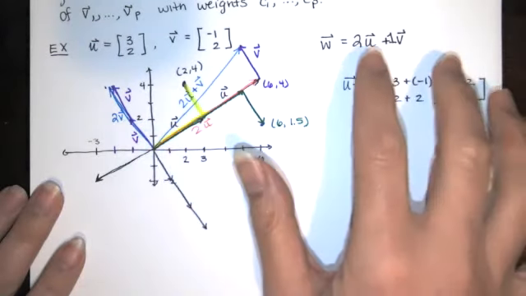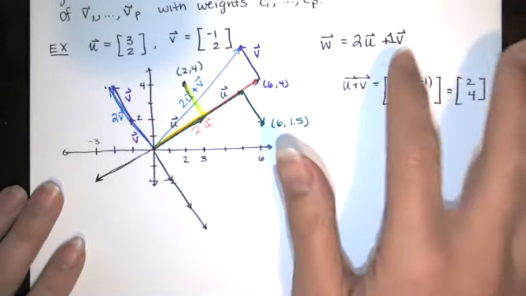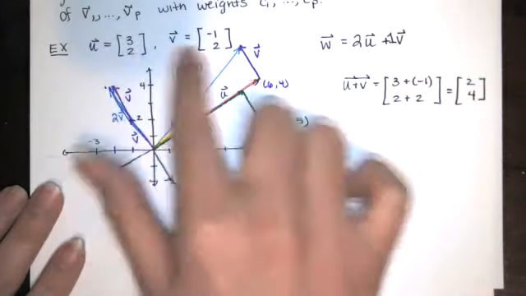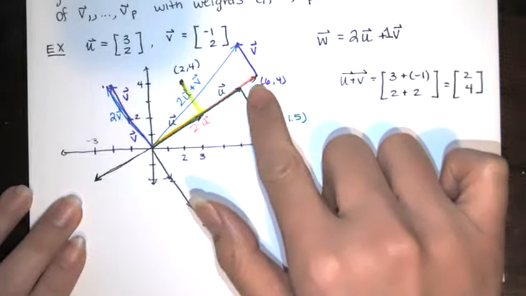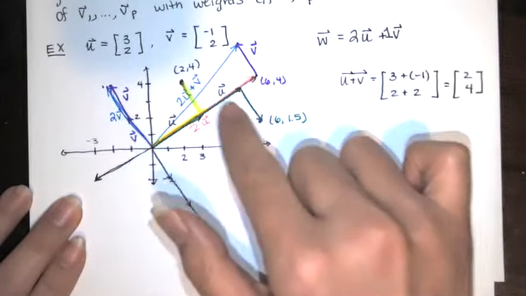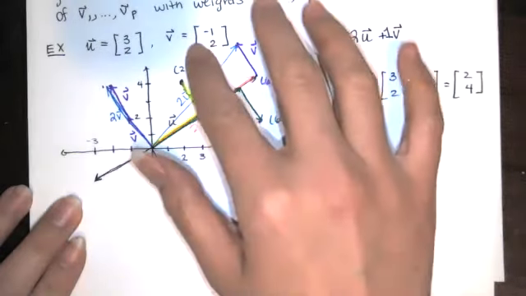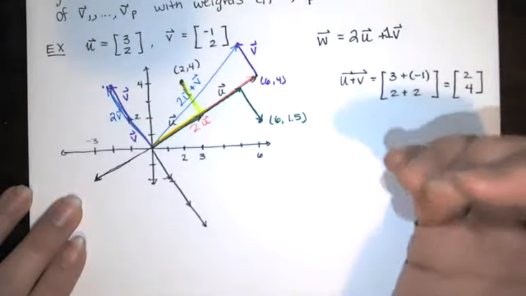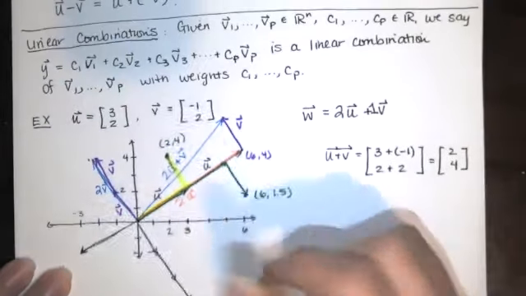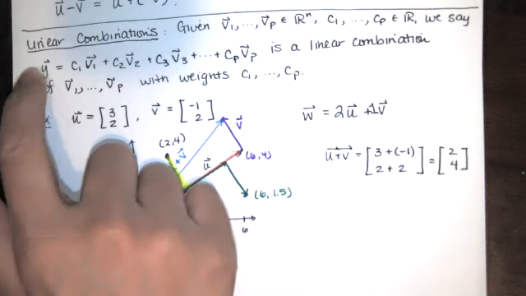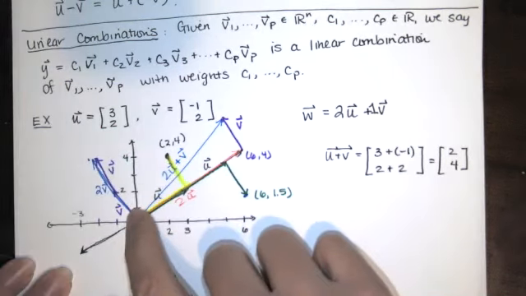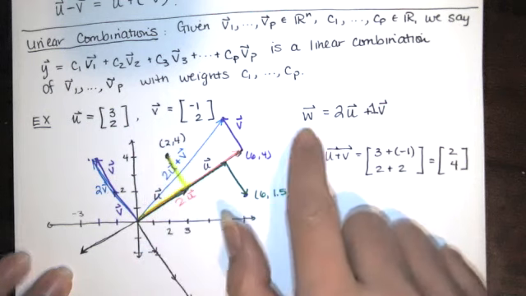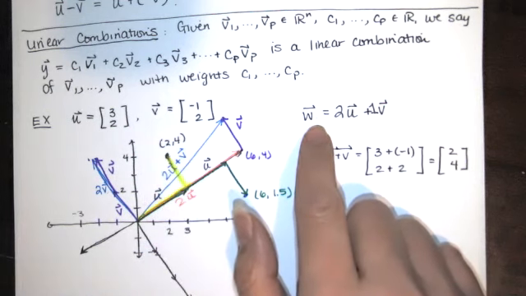So when you're talking about finding a vector that is a linear combination of these 2 vectors, you're saying, I'm going to take this vector and multiply it by a scalar, and then take this vector and multiply it by a scalar, and add them together, and I'm going to end up at this new location. And that's what this vector y is representing. It's that new location, or the vector that starts at the origin and points to that location. And that's what this vector w represents.